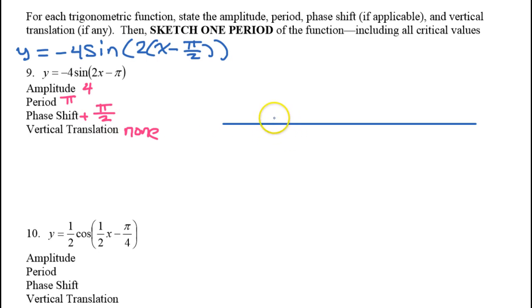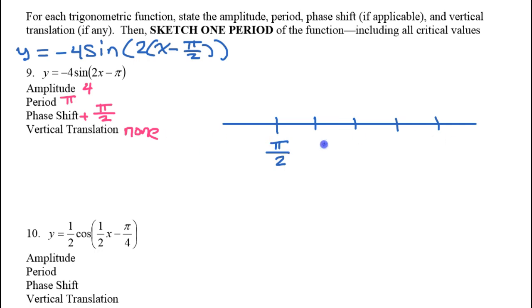So I'm going to put a mark right here, and I will label it with the phase shift, which is pi over 2. Then I'll put 4 additional marks on the graph: 1, 2, 3, 4. Since I've created 4 spaces now, each space represents a quarter of the period.